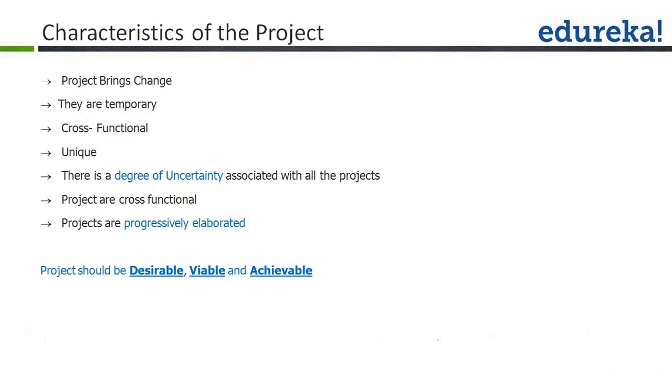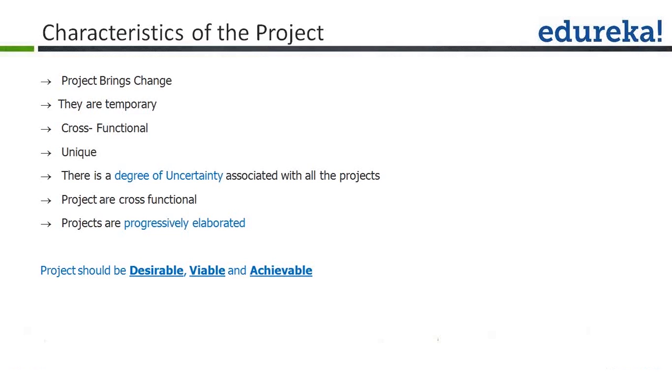Projects are temporary. They have a defined start and a defined end. Projects are usually cross-functional. A project involves a team of people with different skills working together, for example engineers, testers, business analysts, and so on.